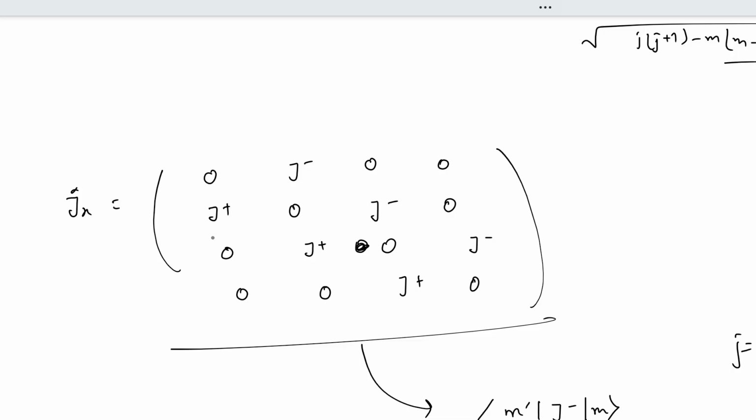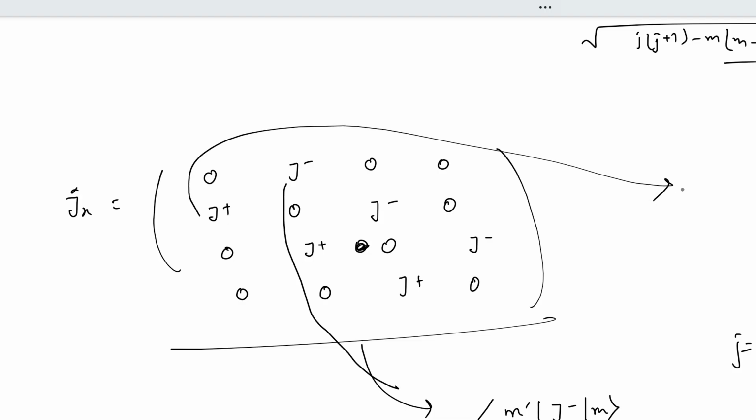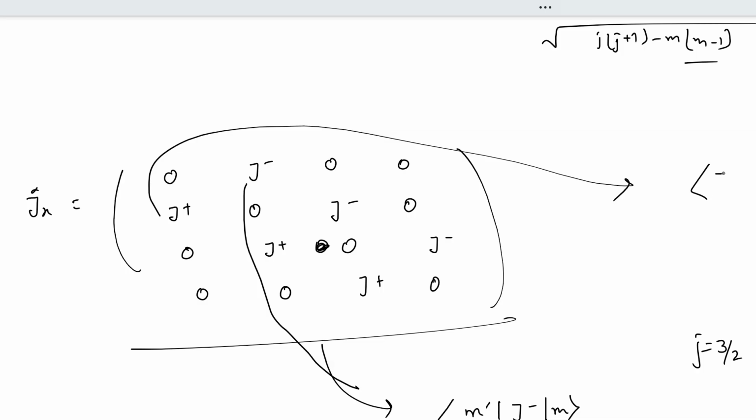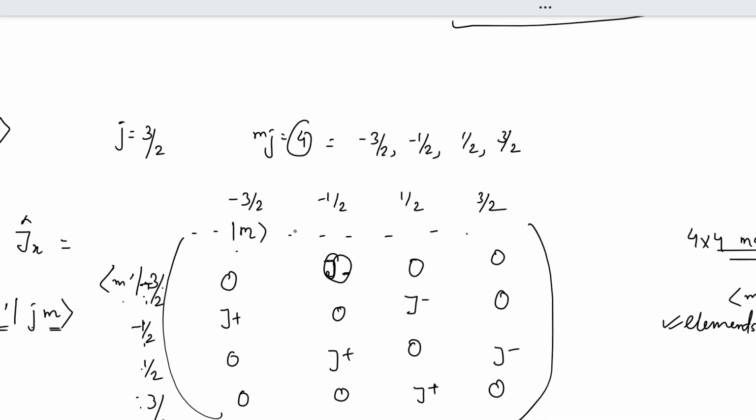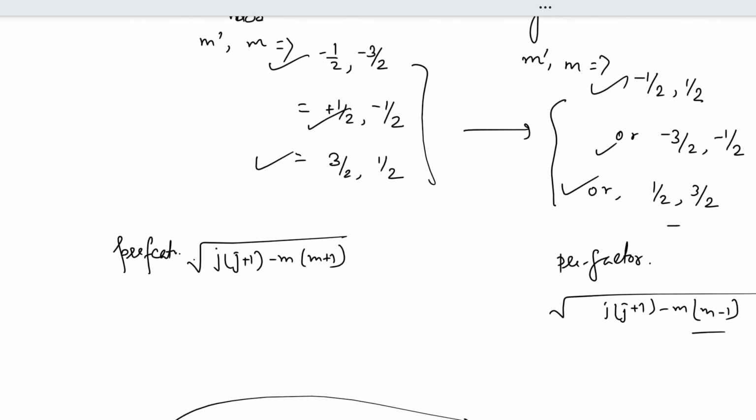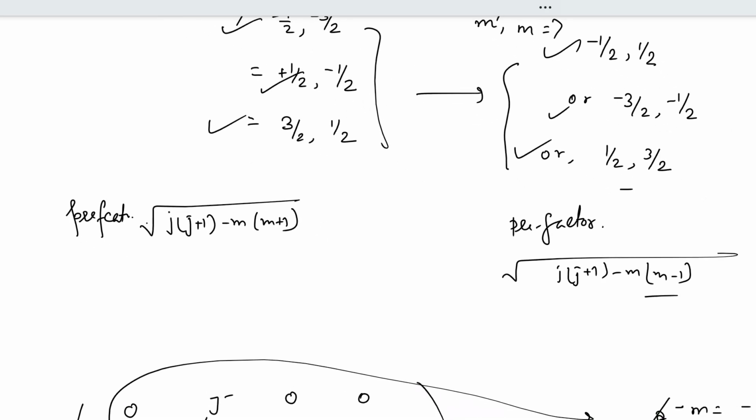So for this case, the prefactor is, for m equal to minus 3 by 2, root over of j into j plus 1 minus m into m plus 1. So this is 3 by 2, 3 by 2 plus 1 minus minus 3 by 2 into minus 3 by 2 plus 1, because this is m plus 1.